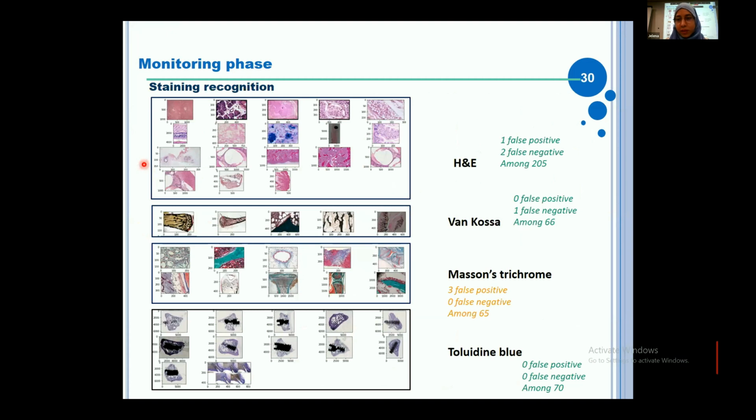And we got the following results. So we get a negligible number of false positive and false negative outputs.